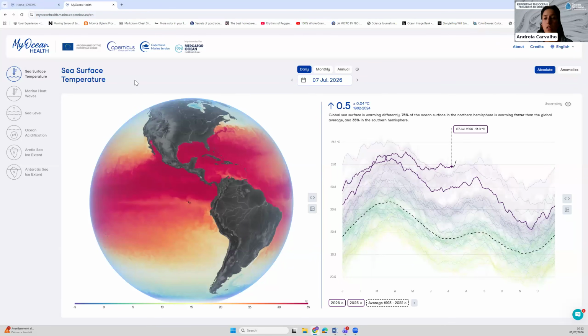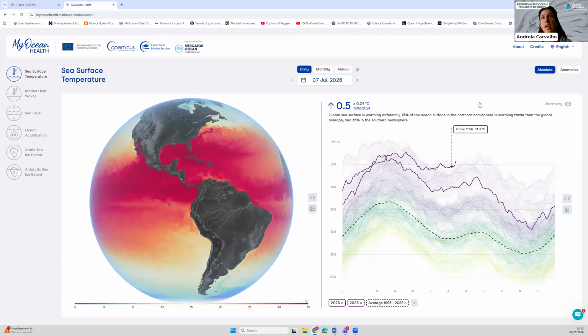And basically, you can select one of these variables. I'll take sea surface temperature as an example to start with. You see that by selecting a variable, you have two representations of the data. Here we are seeing average sea surface temperature for the 7th of July, so for today, in the global ocean. On the left, we have a spatial representation of the average sea surface temperature, so a representation of this temperature across the whole globe.